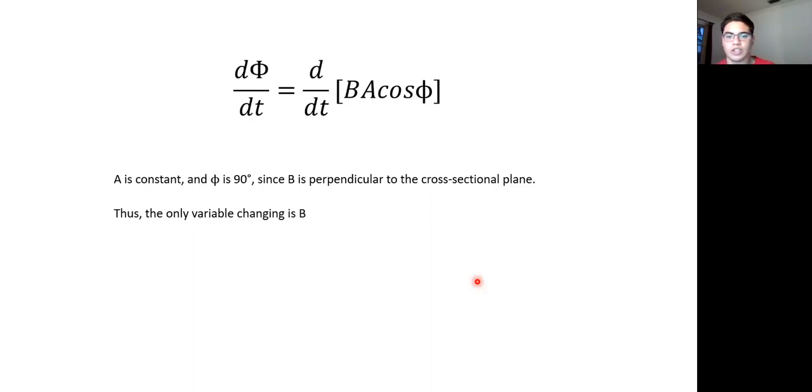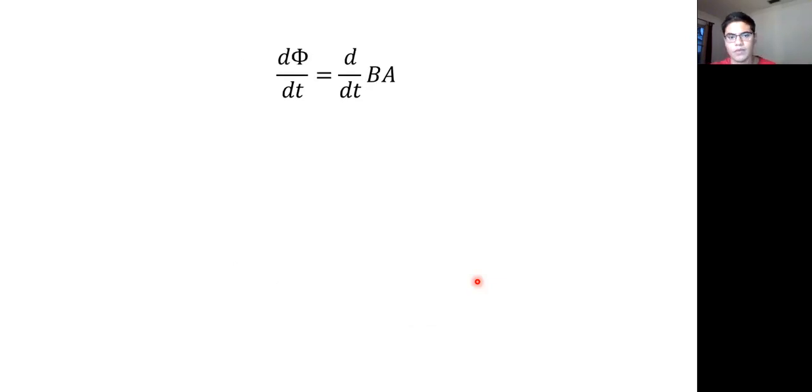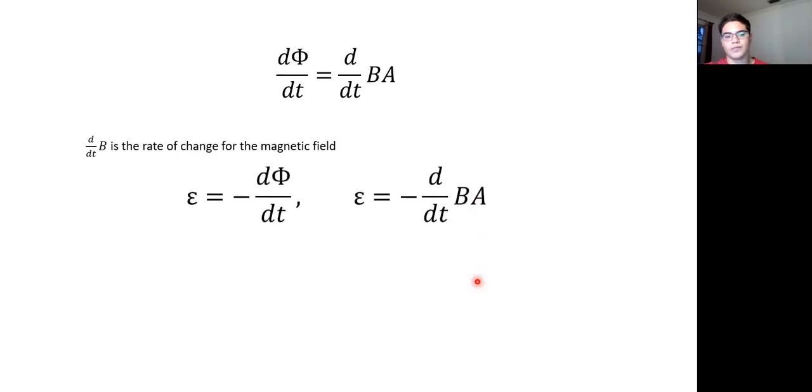So the only thing that can actually change here is the magnetic field. So this derivative is really just the derivative of the magnetic field multiplied by the area. The derivative of the magnetic field is also known as the rate of change of the magnetic field.